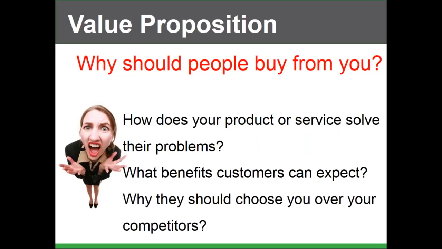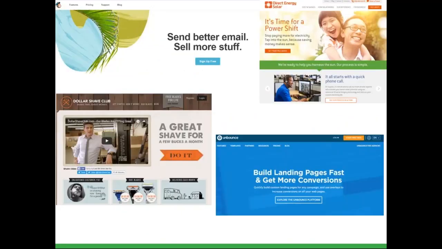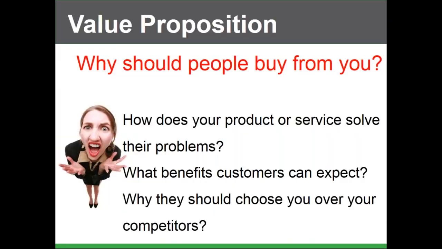The other thing is, what is your value proposition? And this is something that all of us need to think about. It's really key that we think about this: why should people buy from us? What is it that we do that is unique? What is it that we do that is special? What is our product to solve? What problem does it solve for our customers?